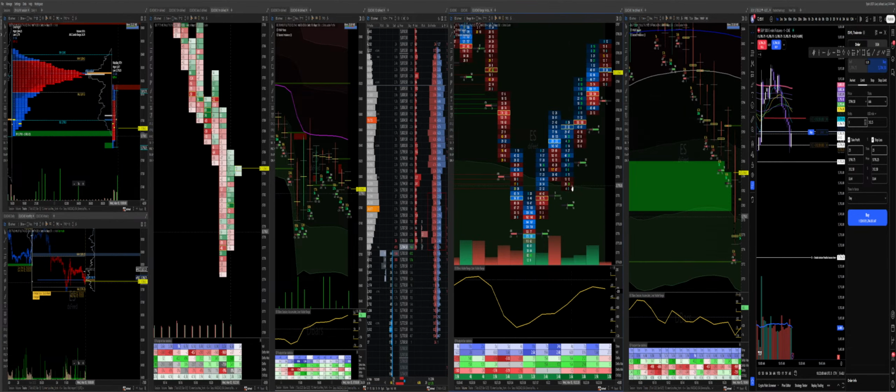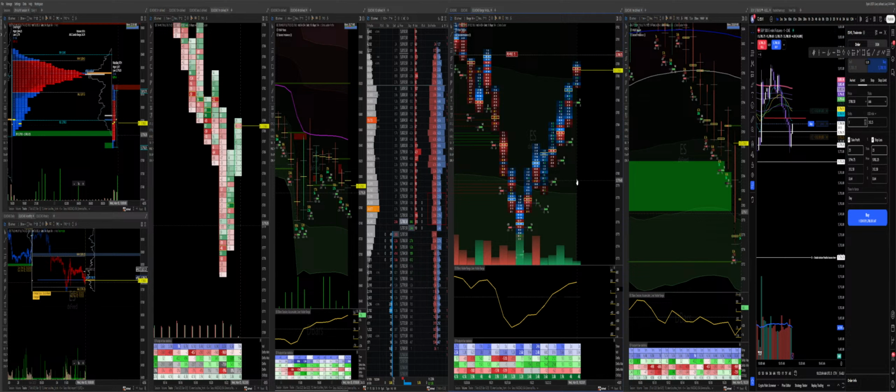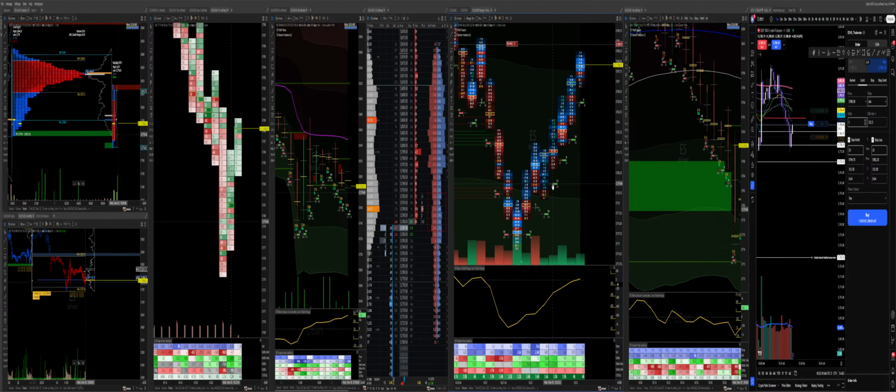When I saw this, I was like, okay, there's aggressive buyers, they're defending this area, let's go with it. But we're late to it, so that's okay. Can't always get everything you can from the market. Went up $10, which is not bad at all. 40 ticks. Nice.